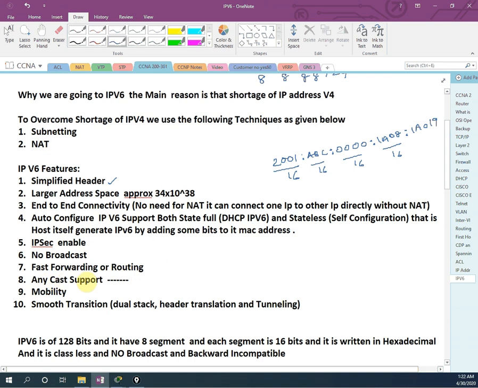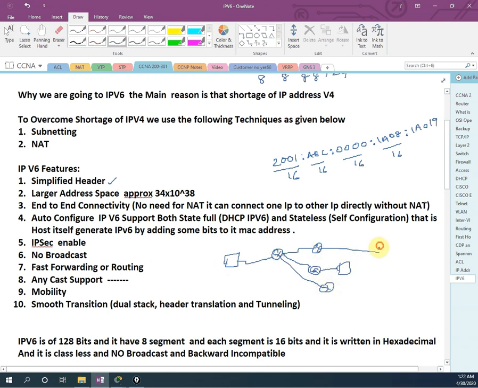And here we have anycast support. Anycast support means, see here, for example, I am sitting here connected to my home router, which is connected to an internet router. If you consider the internet, we have many routers connected going from here, and it is connected to one server here.